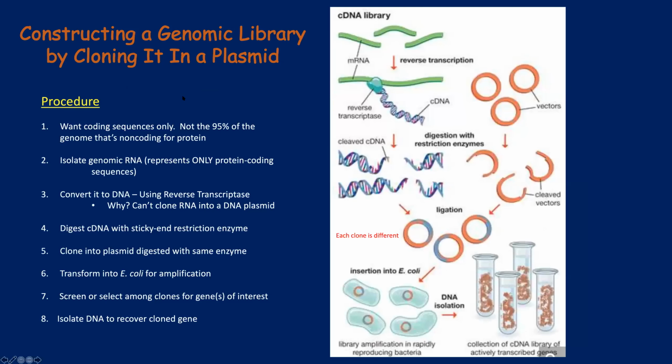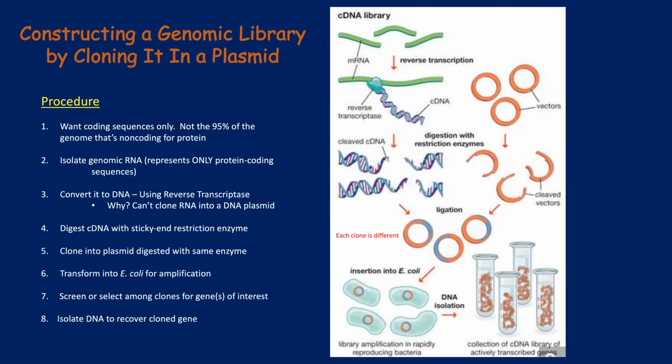And now I'd like to talk about the usefulness, how you might use cloning to make a genomic library. So supposing you want to clone all the DNA fragments from a bacterium or from a fungus or from a mouse or a human.